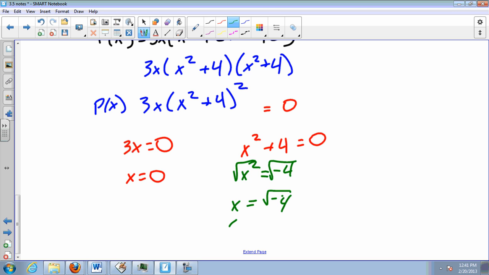So this goes to plus or minus 2i. Always take the plus or minus on a root. Now these answers, it was squared, so these are happening at a multiplicity of 2.